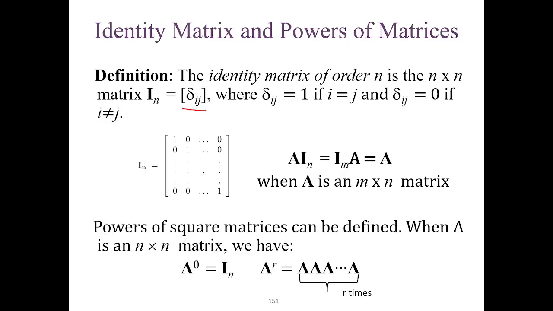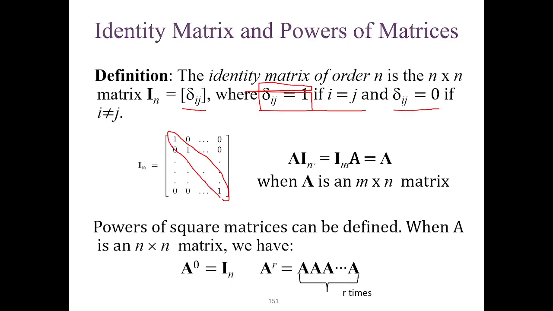For the identity matrix, we define it for the diagonal elements: if i equals j, then delta ij equals 1. Otherwise, the other elements are all zeros. So if we have an n by n matrix, this is an identity matrix. All its diagonal elements are 1, the others are 0.